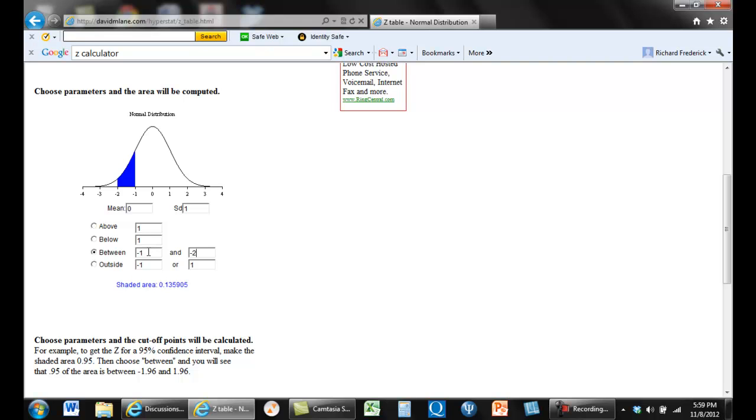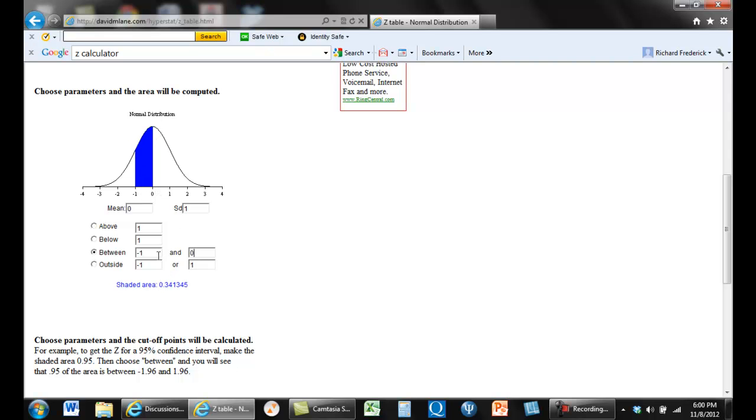And so, very commonly, I know all of these areas. This is 13.6%. This is 13.6. What is this? 34.13 if I recall. So -1 and 0 is 34%.